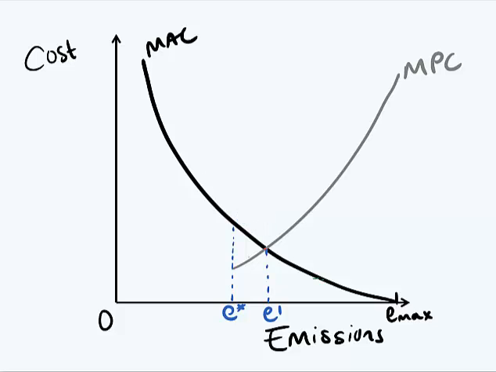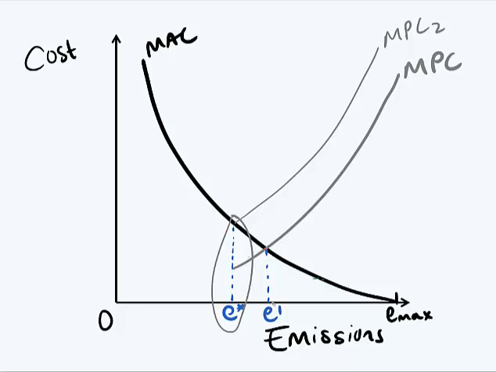So what we want is the marginal penalty curve to actually look something more like this. We want it to be so high that you are forced to go to the efficient level as decided by the central authorities.